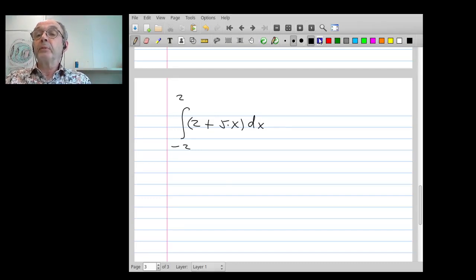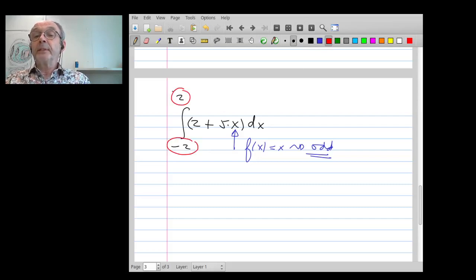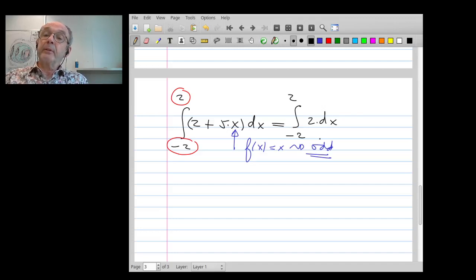Here you see the function x, and this is an odd function, and you have your interval symmetric around the origin, so you can directly say that the integral from -2 to 2 of 5x dx, the integral of that odd function, will become 0.